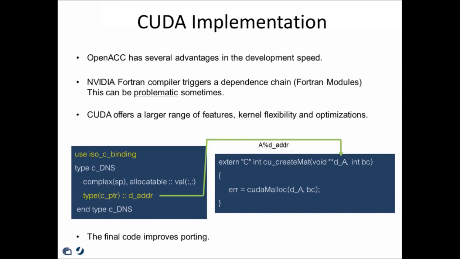So the idea was to have also a CUDA implementation that offers also a large range of features, kernel flexibility and optimizations. Of course, saying that in an OpenACC workshop maybe is counterproductive, but just to mention that it was much simpler than I thought at the beginning, because just adding, thanks to the ISO C binding, the address of the derived type to the GPU, we could practically do a one-to-one mapping of the OpenACC to explicit calls to CUDA, lower level.